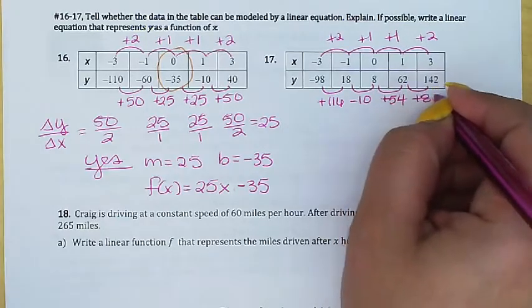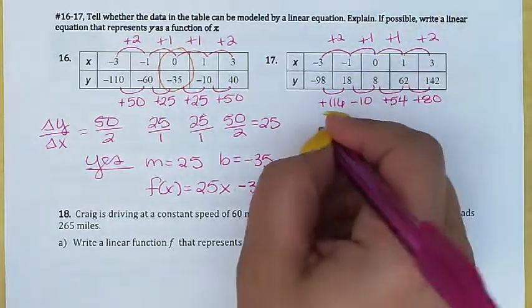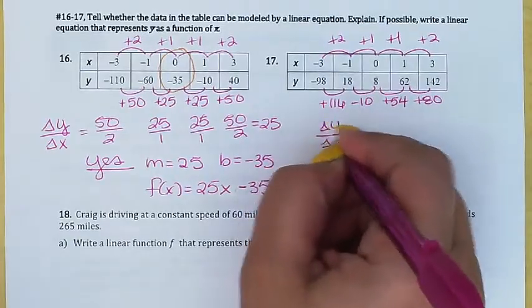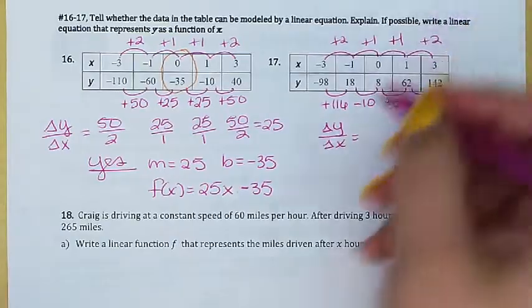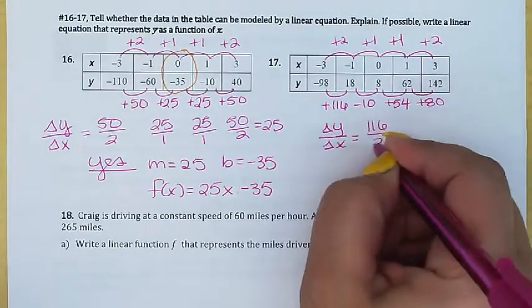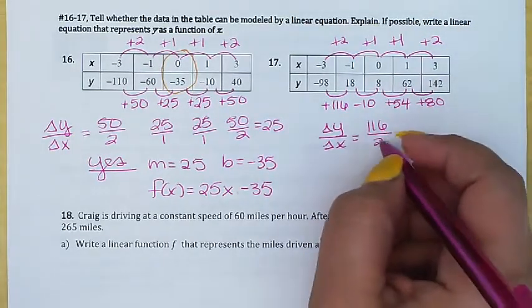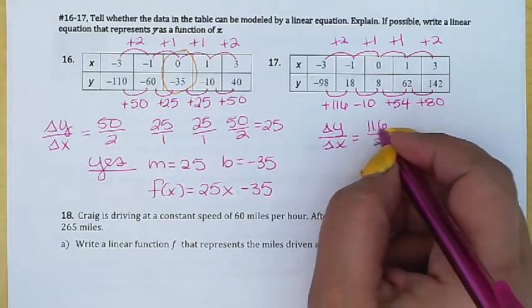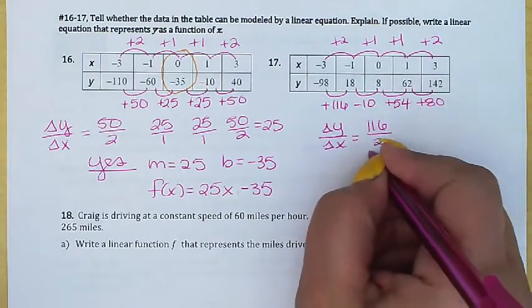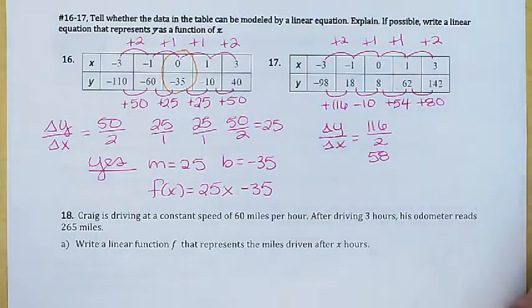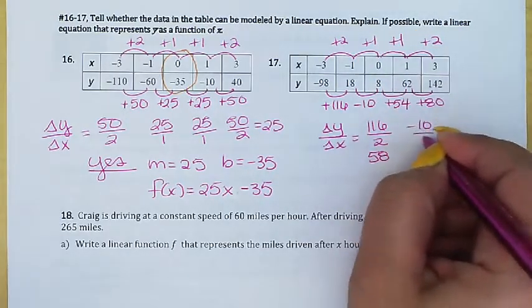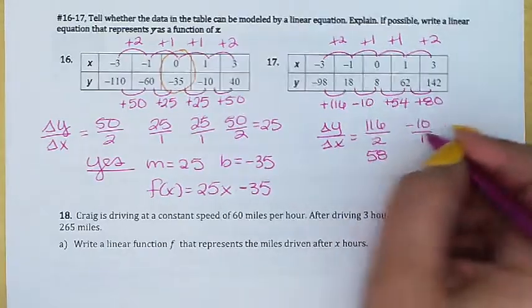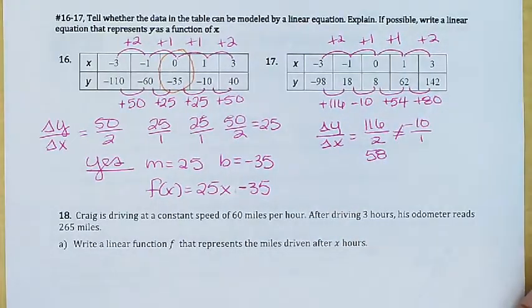Okay, but when we compare the change in y over the change in x here, the first one was 116 over 2, which simplifies to 58. This one is -10 over 1. Guess what? -10 over 1 is not 58. Those are not the same, right?